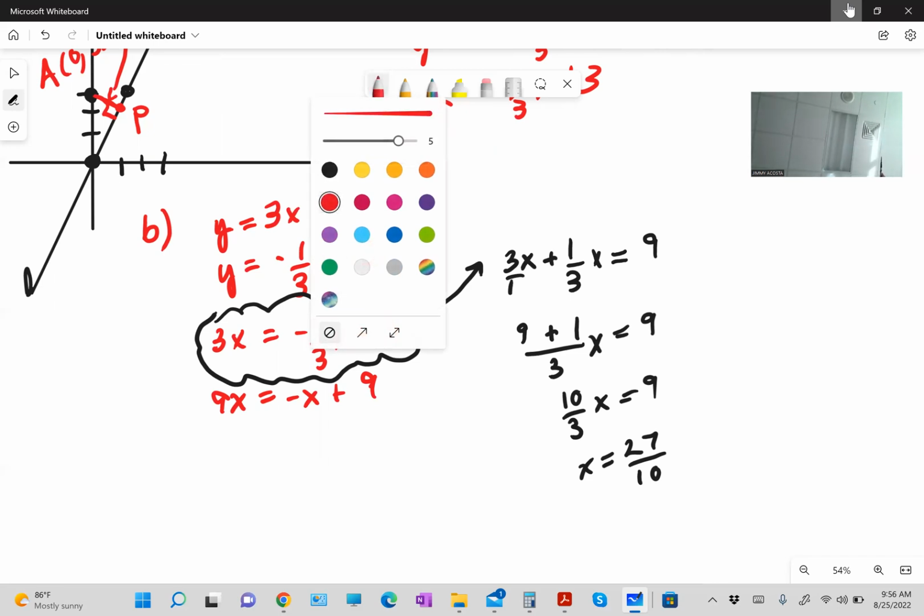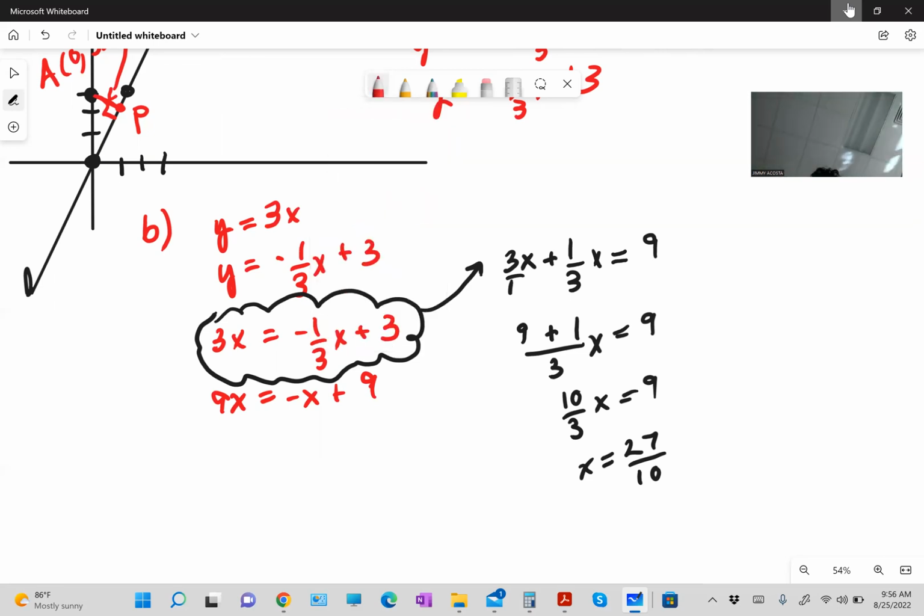That's what I could have done. Agreed? I miswrote this, sorry. There we go, much better. The answer for x is 9/10. This other way, I also get the same thing.